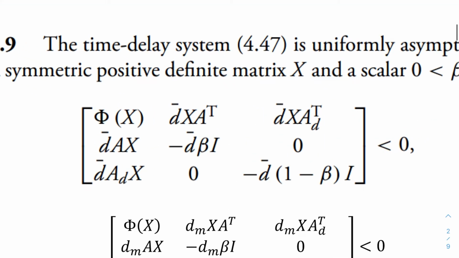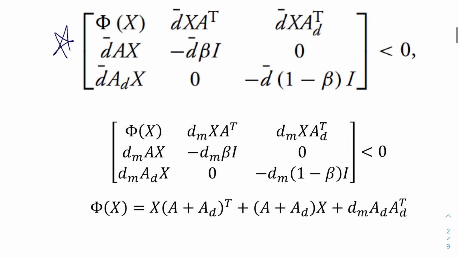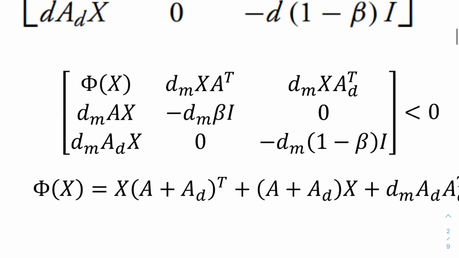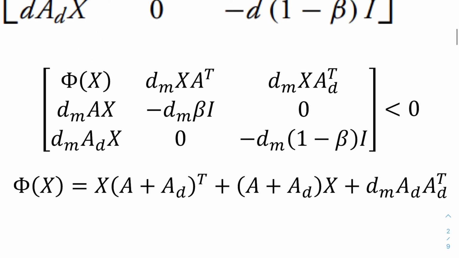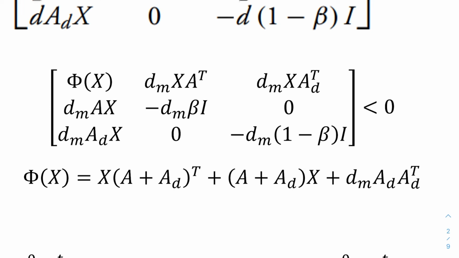For a given dm, where dm is the maximum delay, find X and beta X. These are the terms that we need to find.